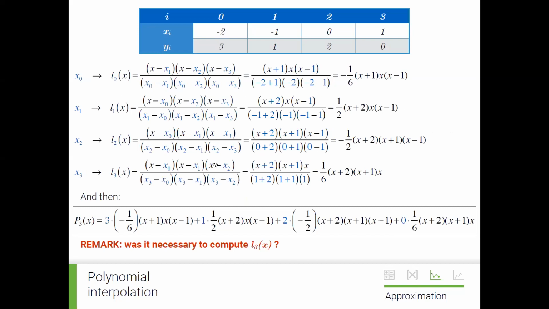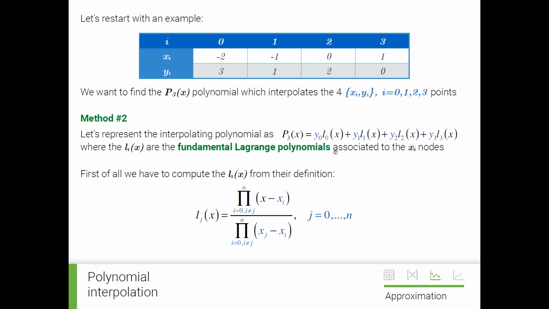And then you can see if we replace, we said about it, yeah?